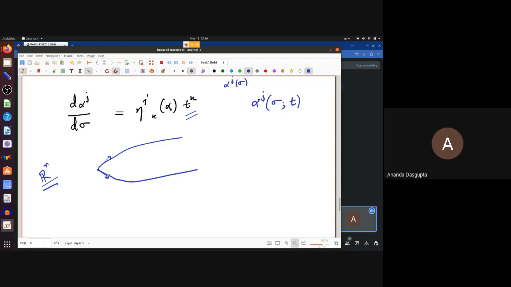So this is the origin of R^R, and these curves all go through the origin. At that point you have the tangent, given by T1, T2, TR, and that tangent is what is hidden here. We said alpha j depends on sigma, but of course alpha j depends on T as well.